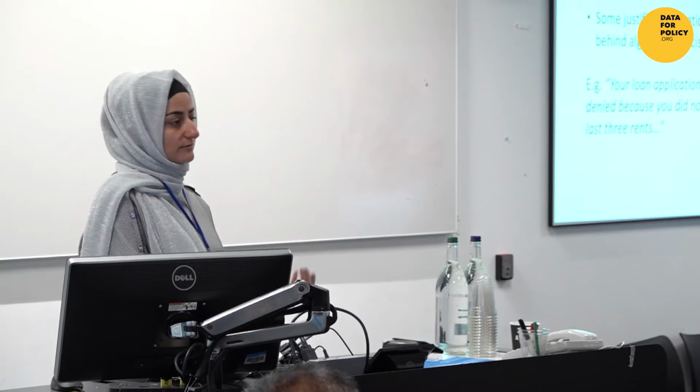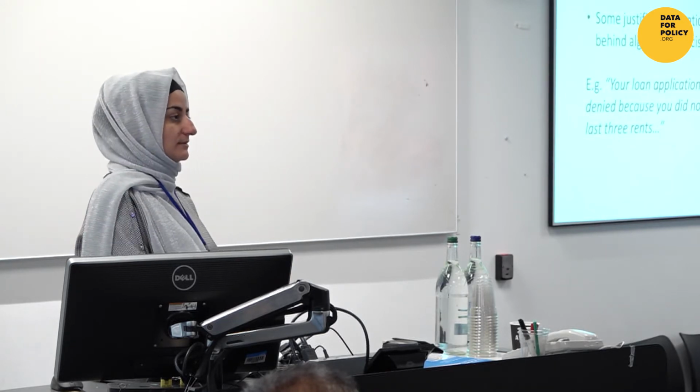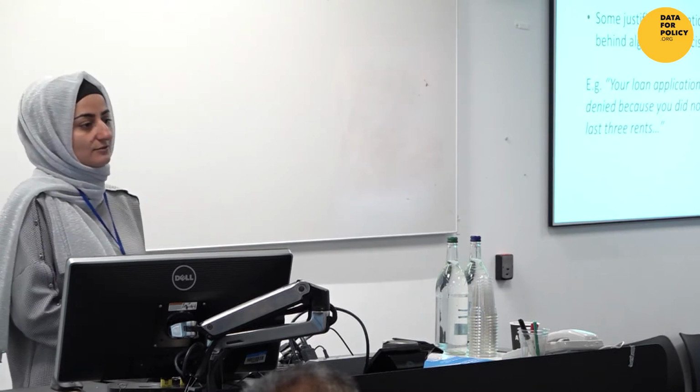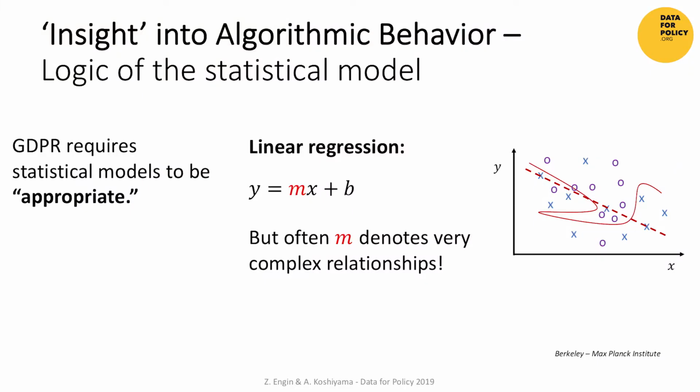So in a loan situation, for example, your loan application has been rejected, but you are given some explanation, like it has been rejected because you haven't paid your last 3 rents. But if you keep paying them on time over the next 5 months, maybe, then with that sort of information you can actually intervene in the process and improve the situation. But that's not really understanding how the algorithm works, or explaining the algorithm itself.